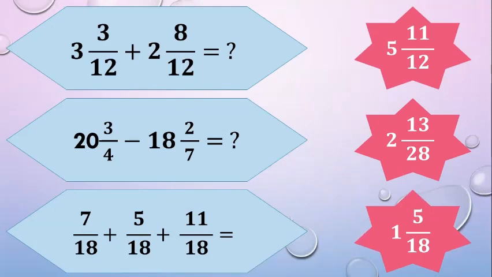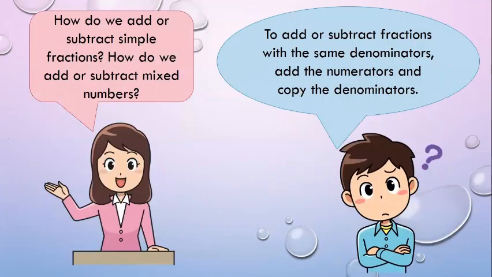To sum up our review, how do we add or subtract simple fractions? How do we add or subtract mixed numbers? John is thinking. To add or subtract fractions with the same denominators, add the numerators and copy the denominator.